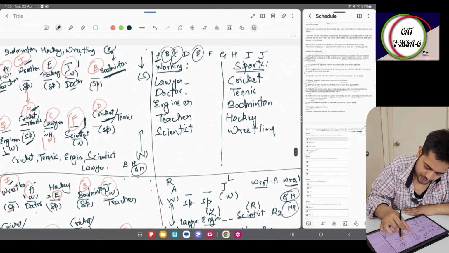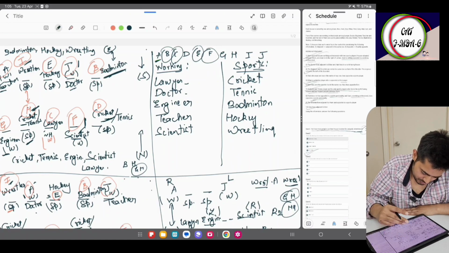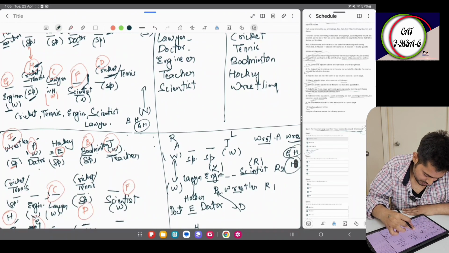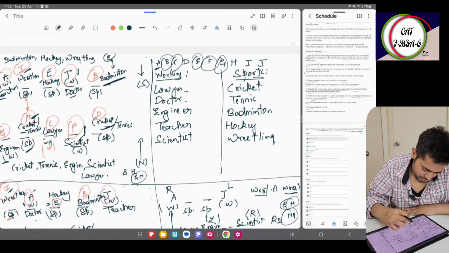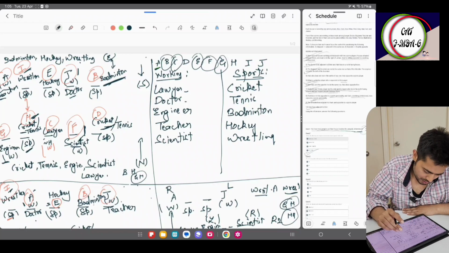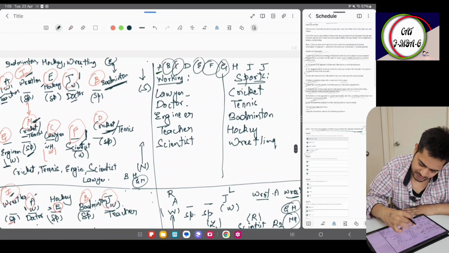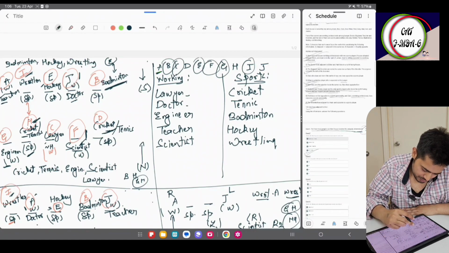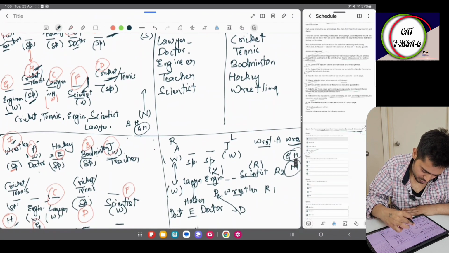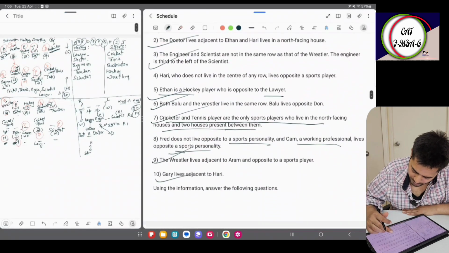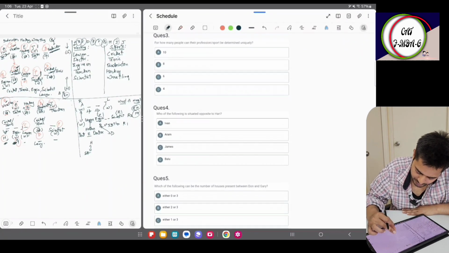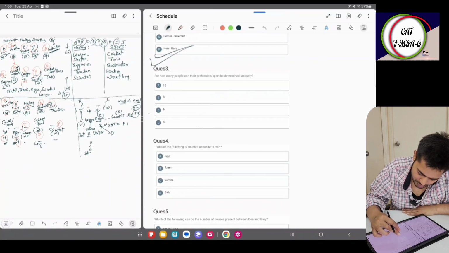Here F is also scientist. G is engineer and here G is engineer. Perfect. H is cricket or tennis. So no. I is wrestler and here I is wrestler. J is doctor and here J is teacher. So only for 6 people profession or sport can uniquely be determined. So answer has to be 6.